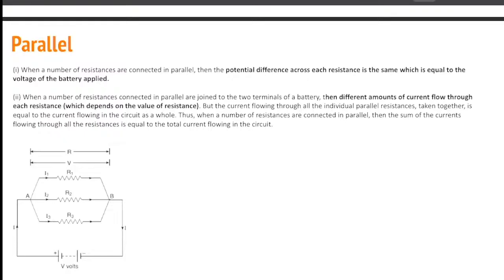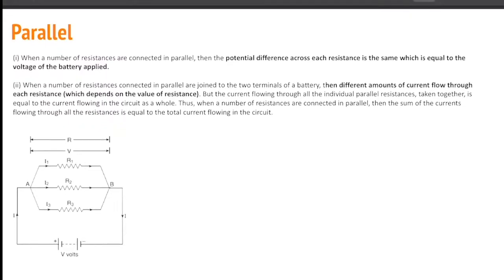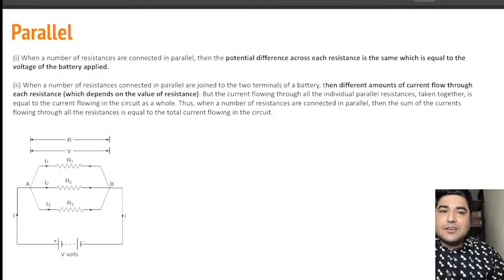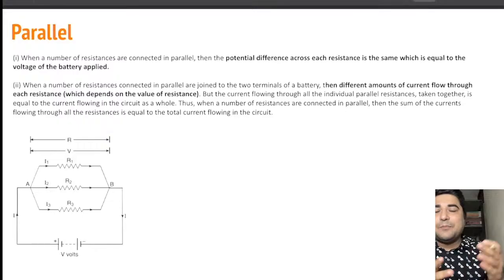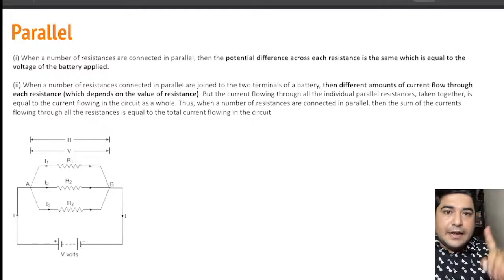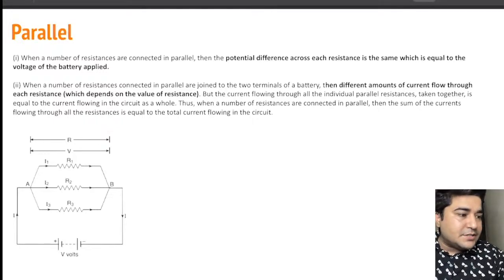Now coming to the parallel combination, because series combinations are very easy. We already know simple plus and minus is required. So now coming to the parallel combination, first of all we need to understand the characteristics of a parallel combination. Related to the potential difference, the potential difference across all the resistances is going to be the same.